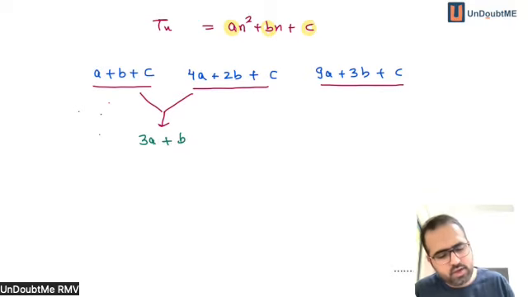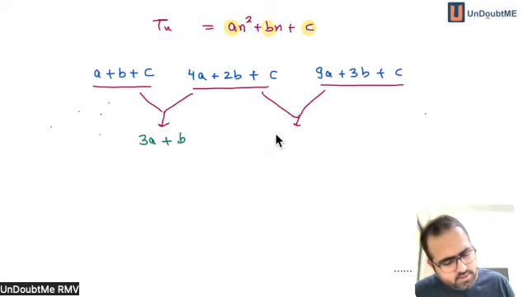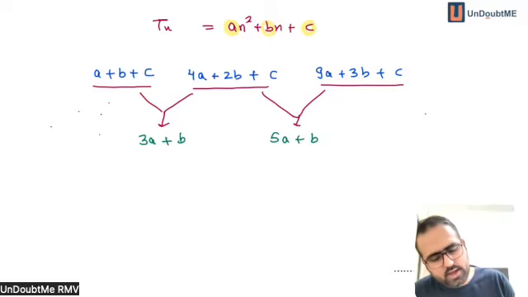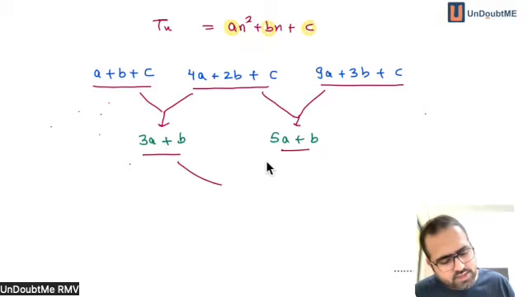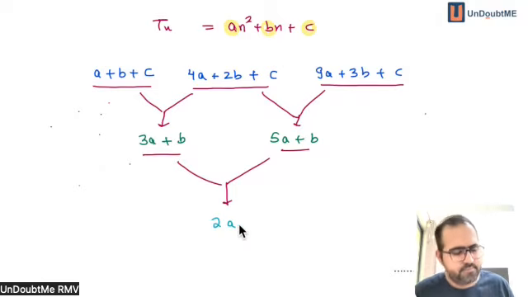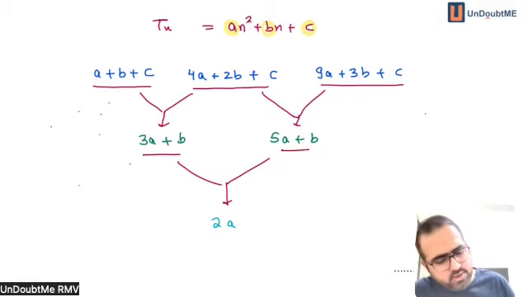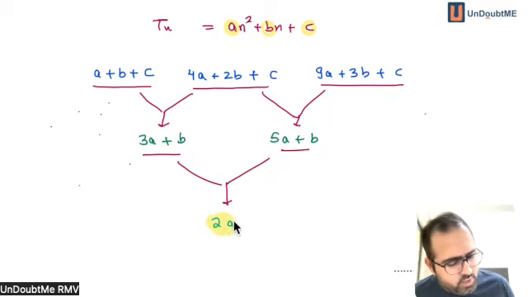If I go ahead, the other difference, how much will it be? 5a plus b. Then I will go further and take the difference of these two terms again, and that difference will be 2a.